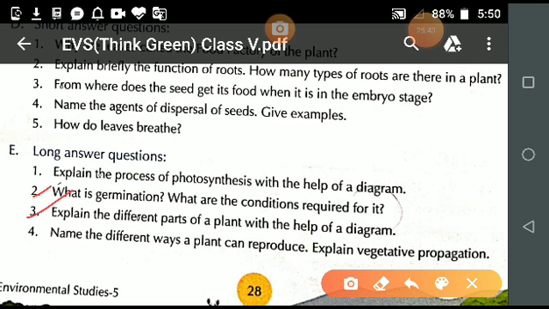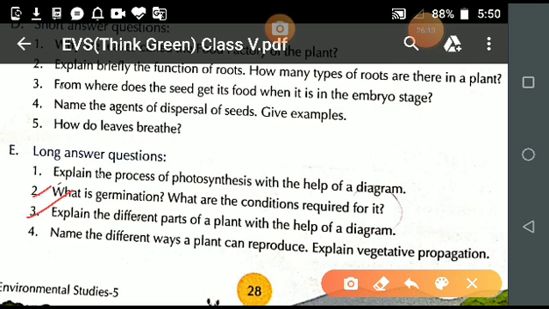Now note down the answer. Answer number 3, long answer questions. The main parts of a plant are root, stem, leaves, flowers, fruit, seeds.